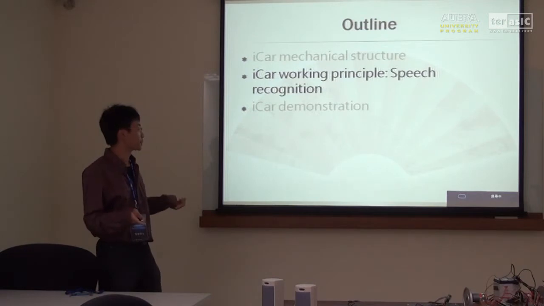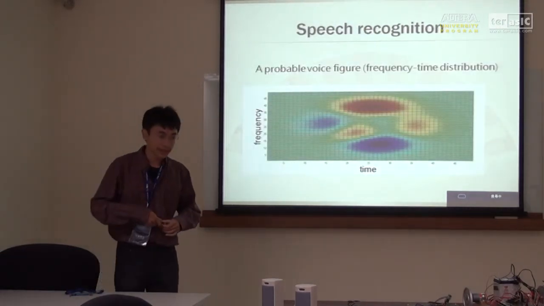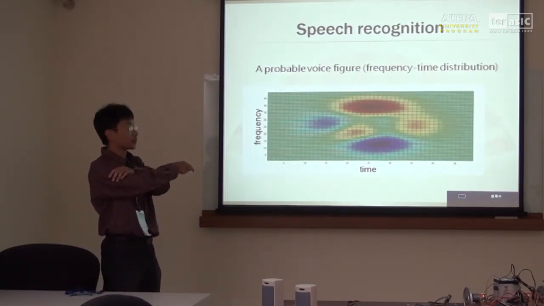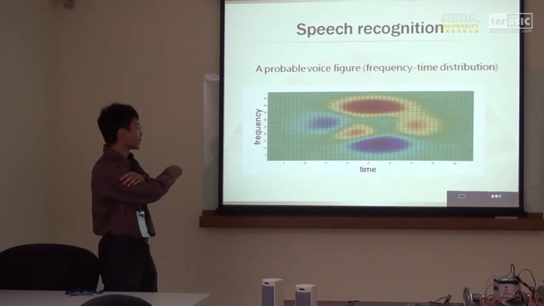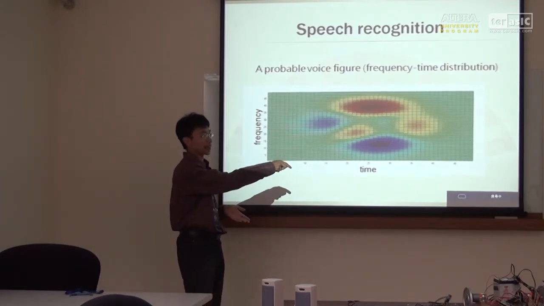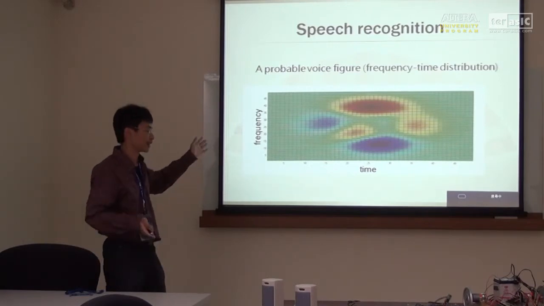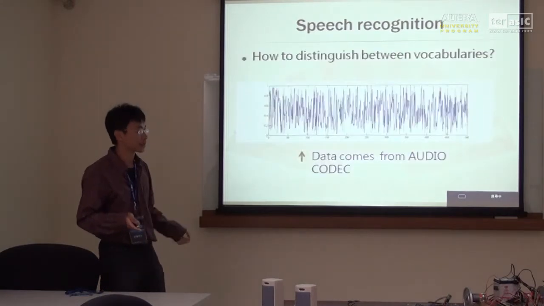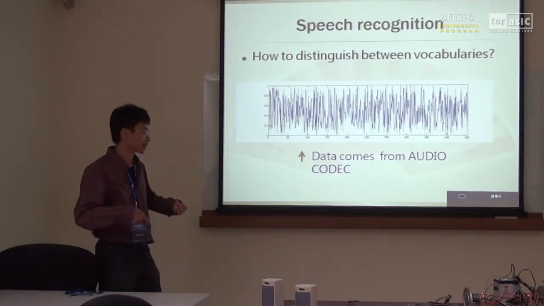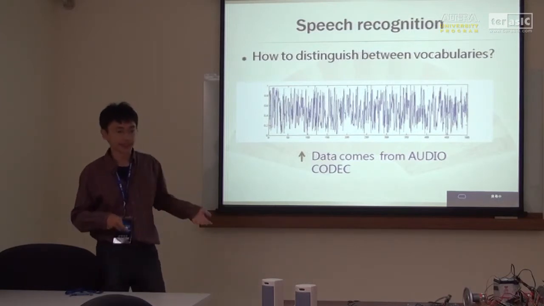So let's go to the speech recognition part. Every time we say a word, we can have a plot of this time frequency distribution. The lower frequency and higher frequency, and the time goes from here to there. So every time it has a different frequency distribution. If we directly see the data that comes from the audio codec, we cannot recognize it directly.